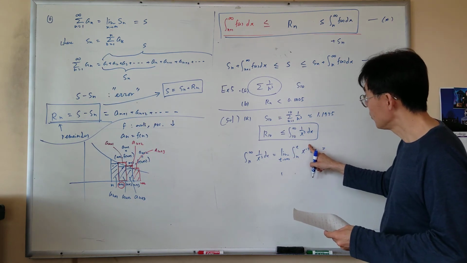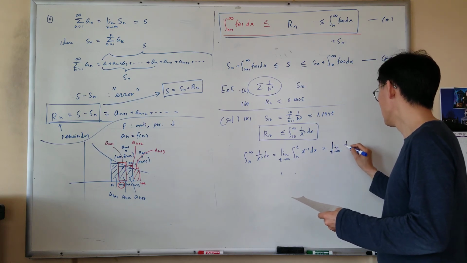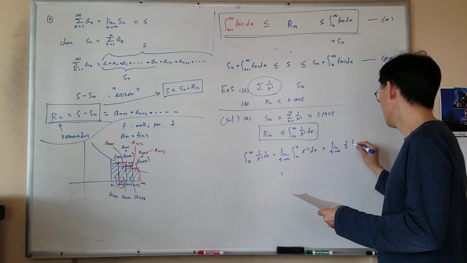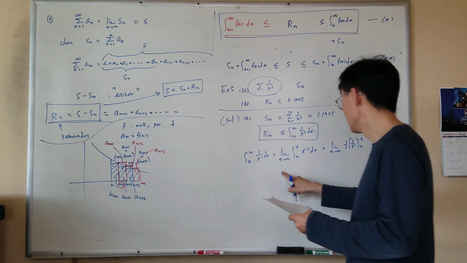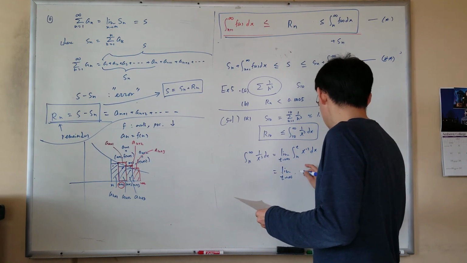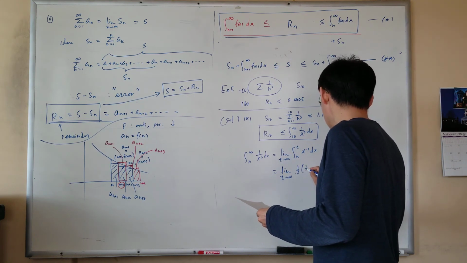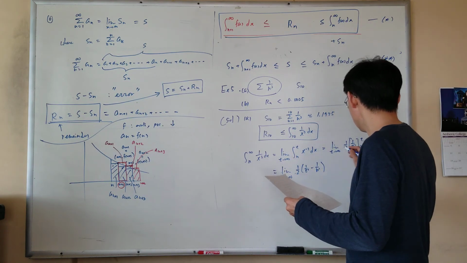So what? Adding 1 is negative 2, negative 1 half. Negative 1 half x to the negative 2, from n to t. So that would be 1 half of 1 over t squared minus 1 over n squared, with a sign change.